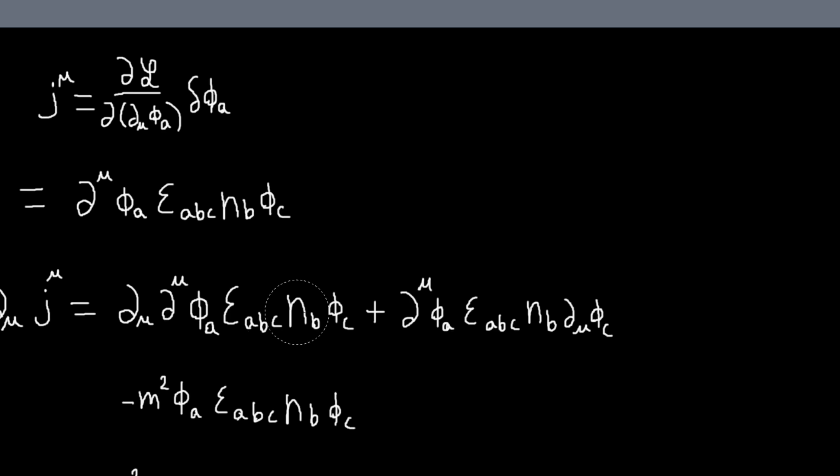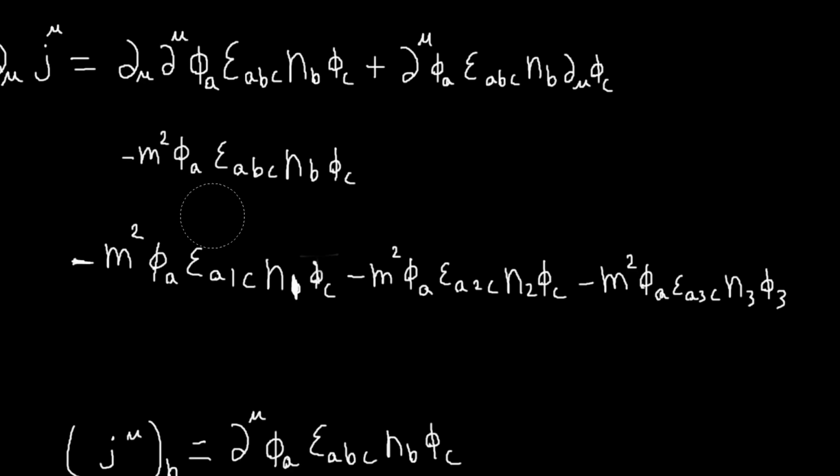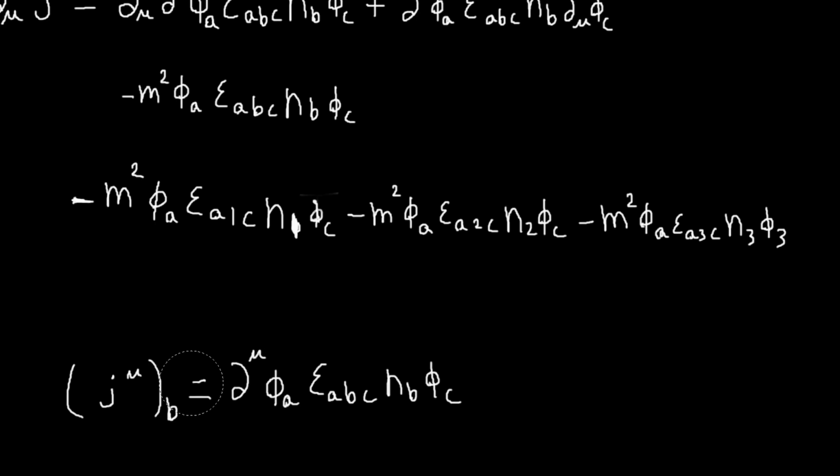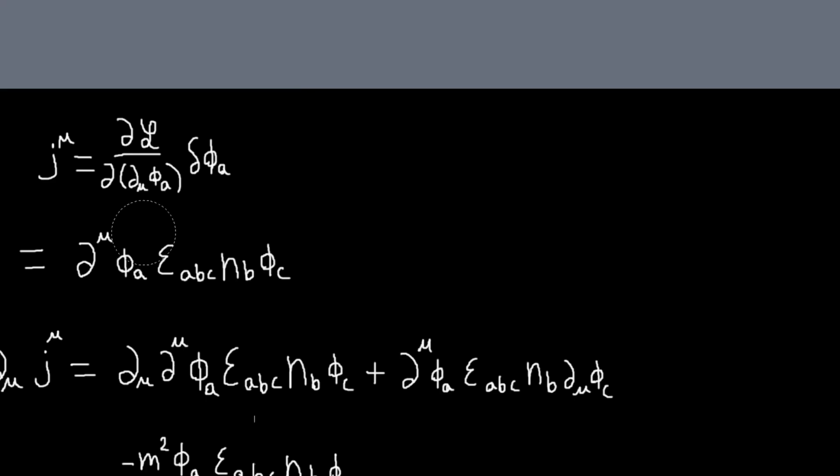So that means that our conserved current is really the sum of 3 conserved currents. And so we can write the bth conserved current as this expression. There's some room for confusion here because this expression I've written here is exactly the same as this expression.